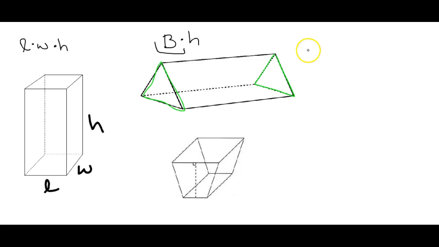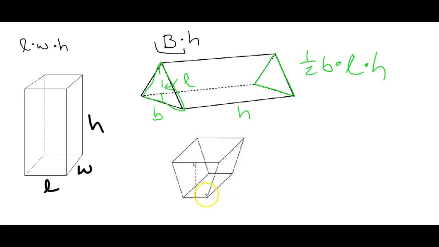Area of a triangle is 1/2 times base times height. Again, we're running into this issue where we may end up with the same letter. So we do have to know what's applying to what. I'm going to call this base, and instead of height, again, I'm just going to call it length to give it a different variable. So 1/2 times base times length times the height of the prism.